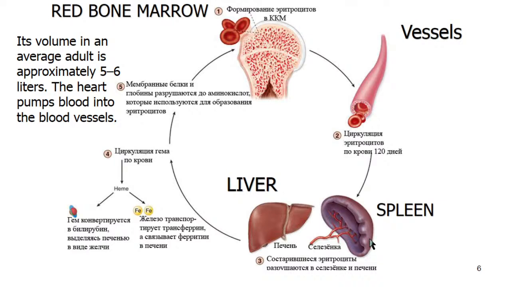The spleen too, and red bone marrow is the main hemopoietic organ, providing medullary hemopoiesis. All these organs are joined with blood through the vessels.